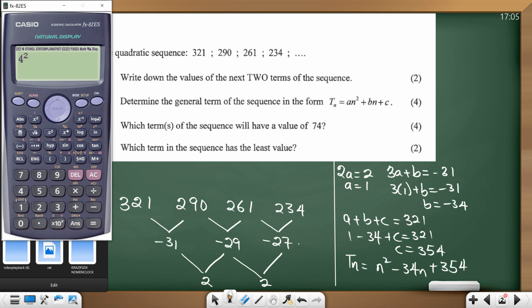First one will always be correct, even if that formula is wrong, because you got it from the first one. So even if you use the first one and this formula is wrong, it will not give you an error. Right? So 16 minus 34 multiplied by 4 plus 354. Now I know it's correct.